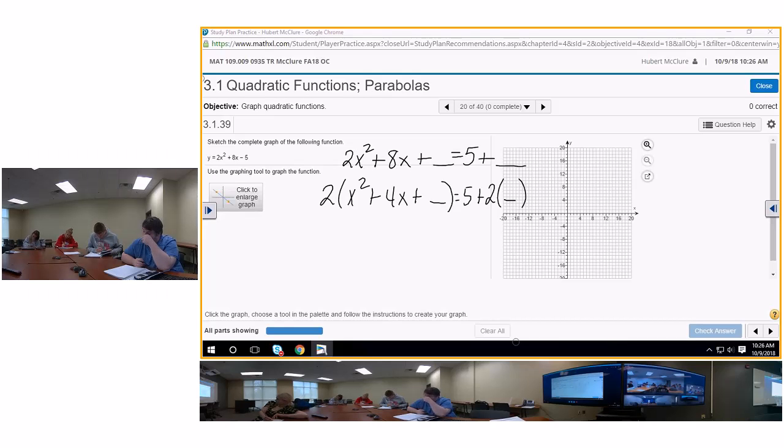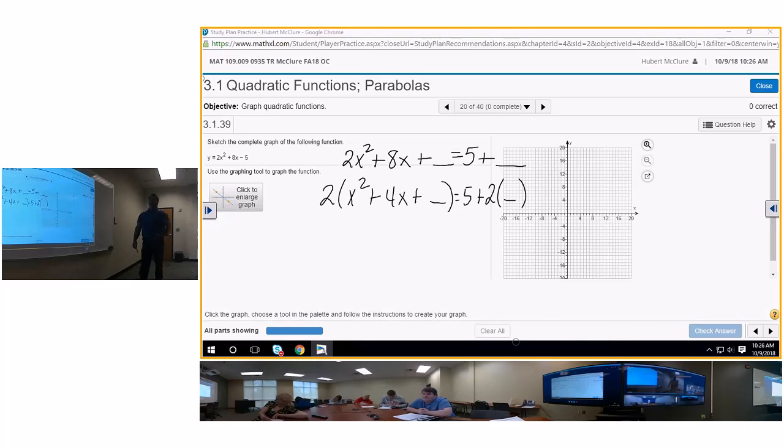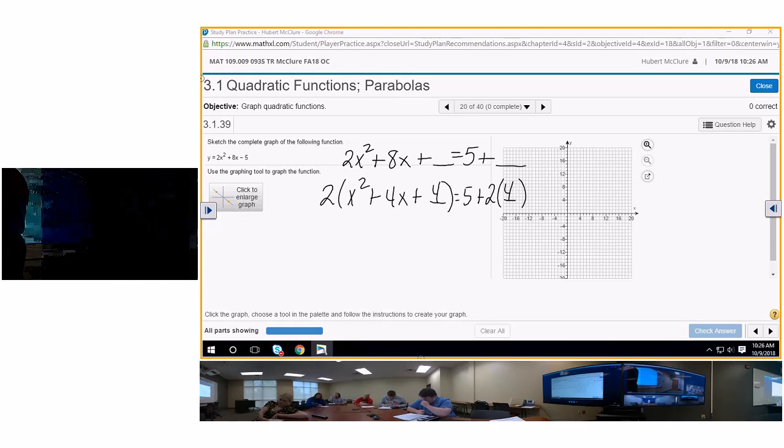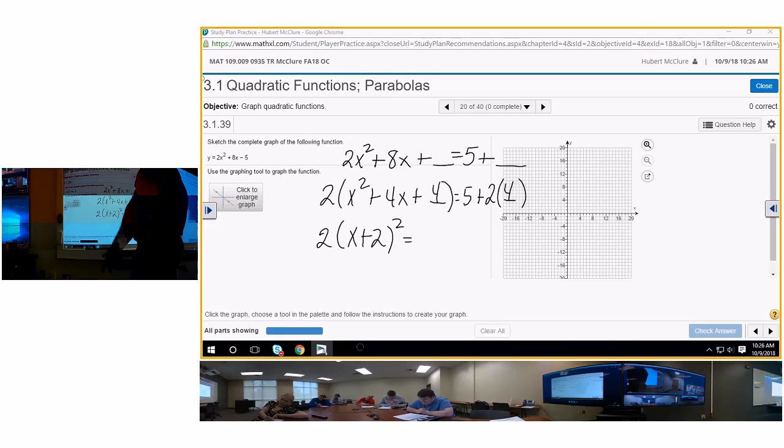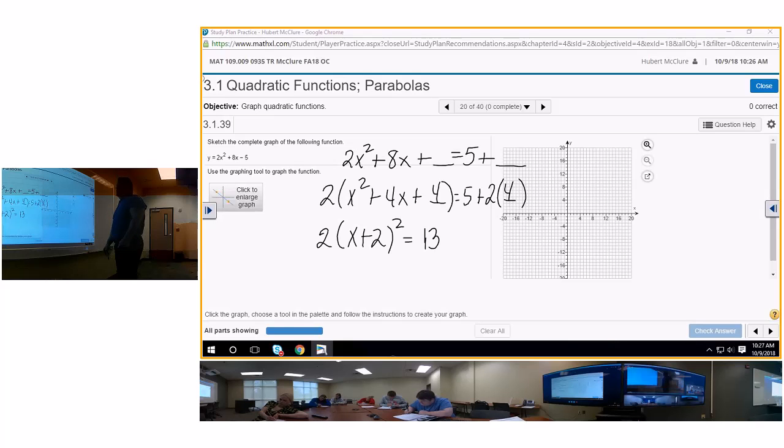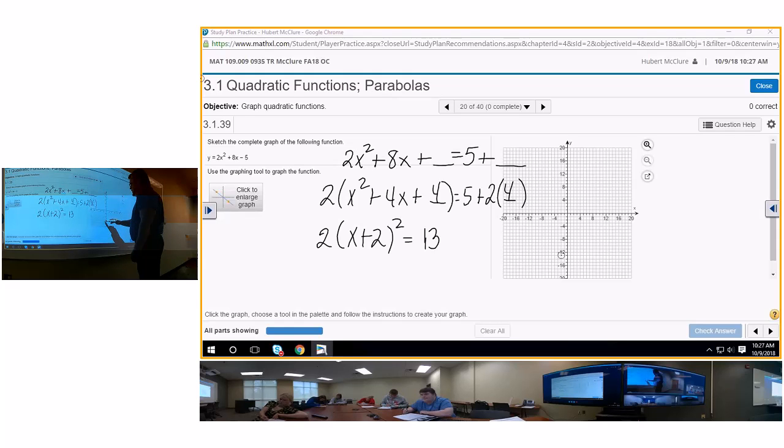Half of 4 is 2, 2 squared is 4. 2 times x plus 2, quantity squared, is equal to, what's 5 plus 8? Dang old 13. So your vertex is -2, -13. What's your y-intercept? -5. Now find your x-intercepts.